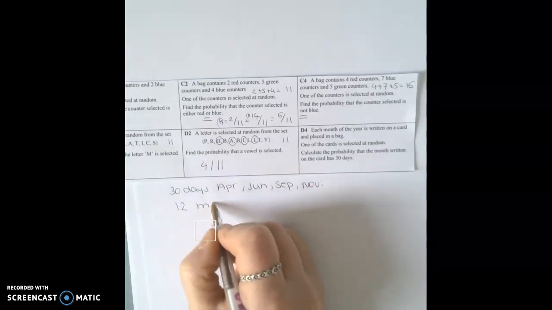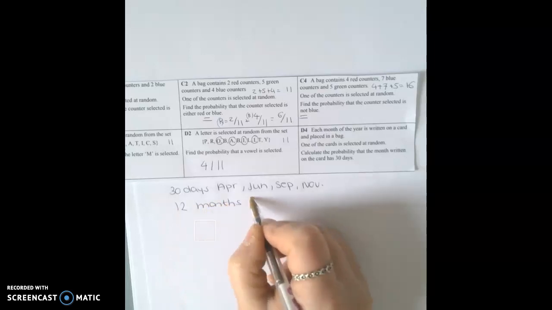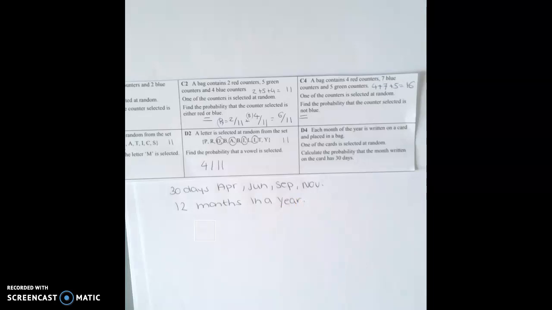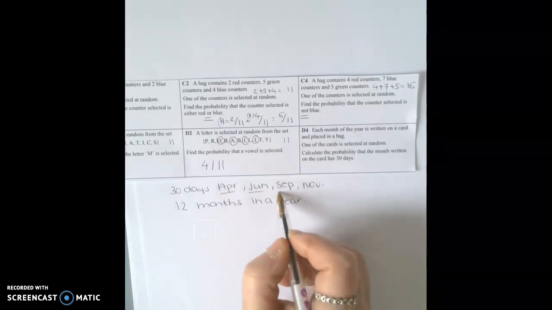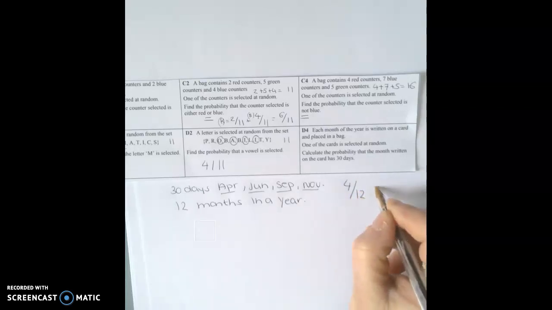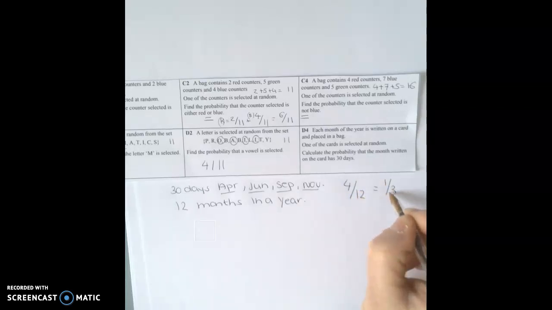And we know that there are 12 months in a year. January, February, March, April, May, June, July, etc., etc. So there's 4 ways that we can pick a month that has 30 days out of 12 months in a year. So we simplify that and that equals 1/3.